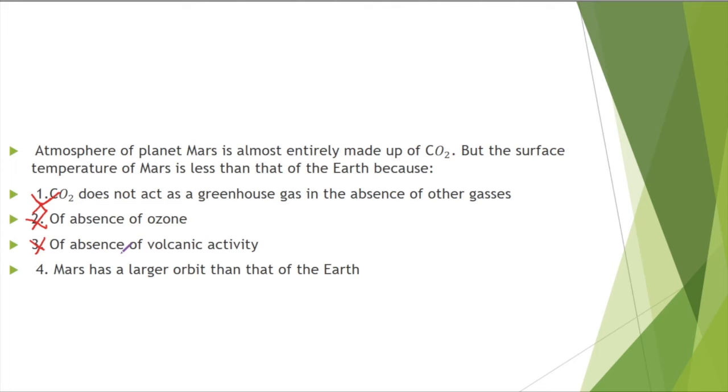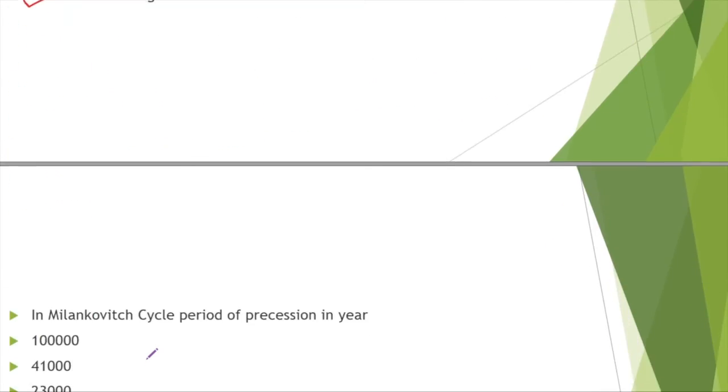It's not an active volcano. So the correct answer is this thing. Mars has a larger orbit than that of the Earth. The reason is Mars is at the end of the terrestrial planets and its orbit is very very large. So that's why the intensity of sunlight decreases by the time it reaches Mars. So the right answer is 4.